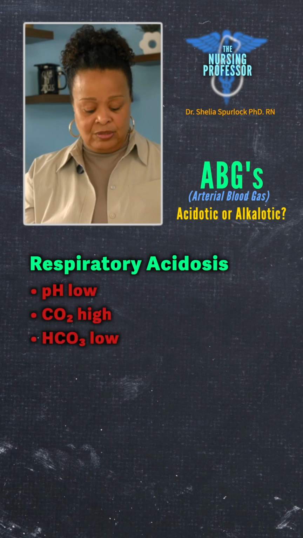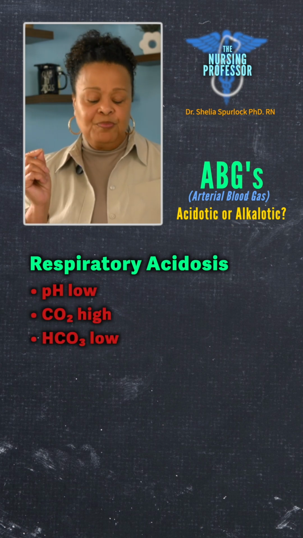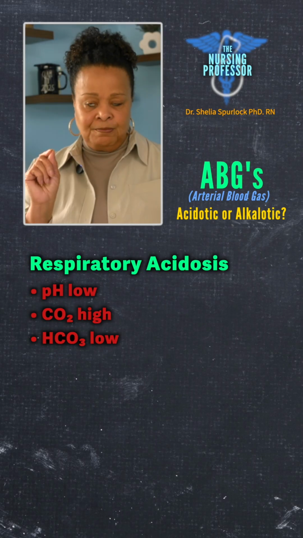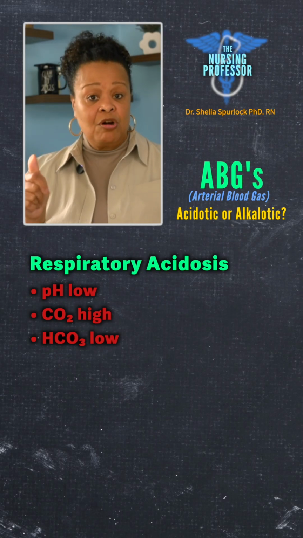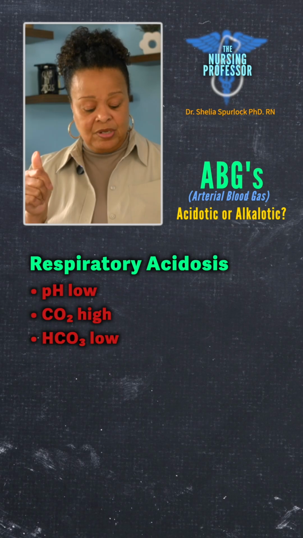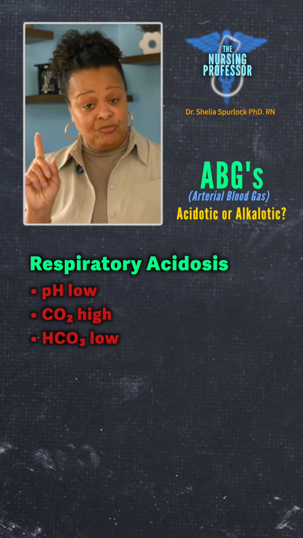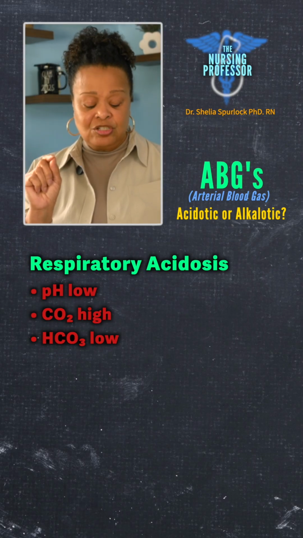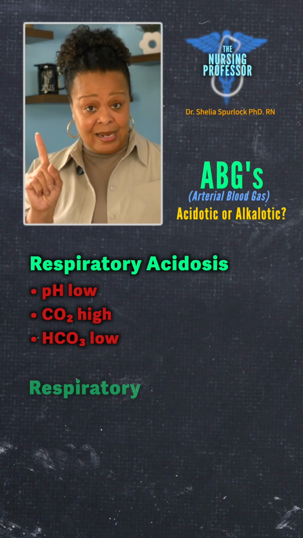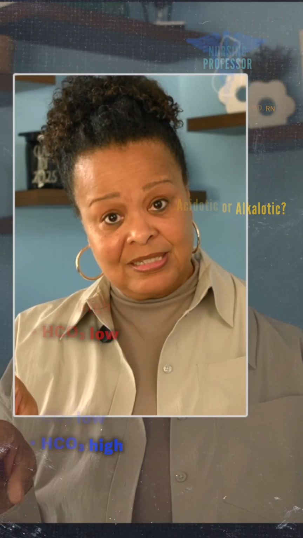Number 4, which is very important for you to be able to determine, is if a person has a low pH value and they have an elevated carbon dioxide level, then that is considered to be respiratory acidosis. Remember, R.O.M.E, they're going opposite. So if the pH value is high and the carbon dioxide level is low, then it's respiratory alkalosis.